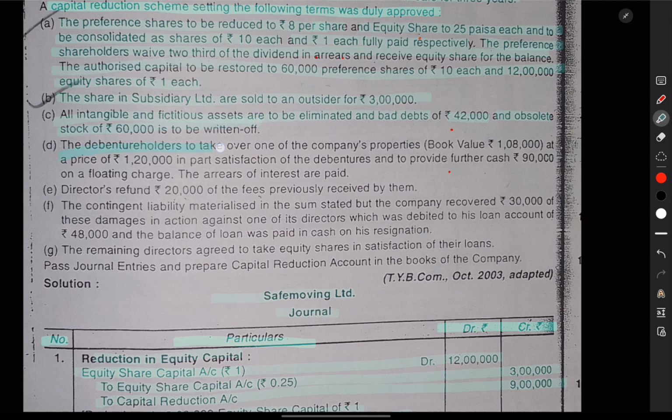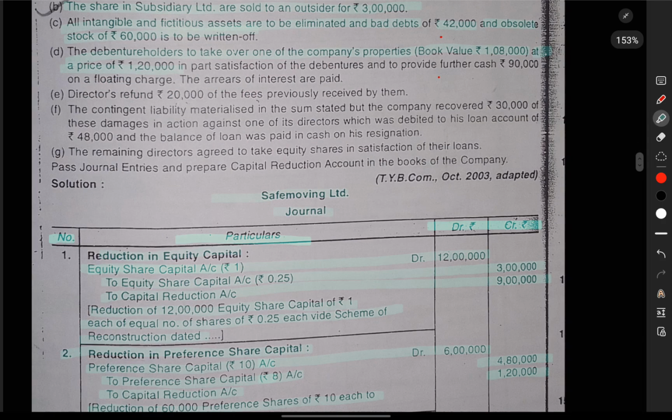The debenture holder is to take over one of the company's properties, whose book value is 1,08,000, at a price of rupees 1,20,000. Prepare a working note for this adjustment.